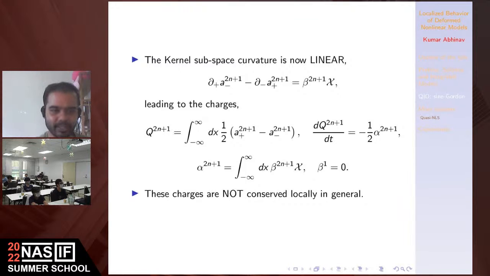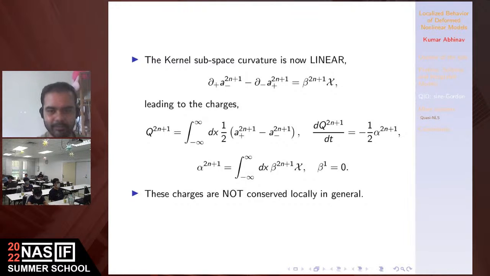That's how you obtain these quasi-conserved charges. For that you have to linearize, and you do it through a certain gauge transformation, so you have to choose it judiciously. So fine. These q charges, which are infinite in number because n can take any value, are not conserved locally in general.